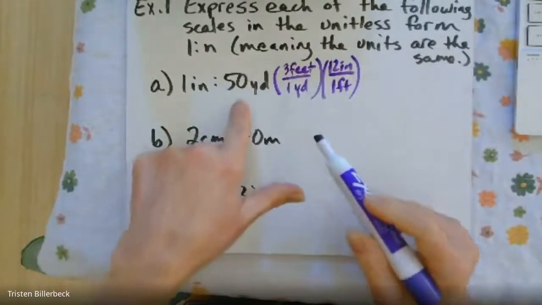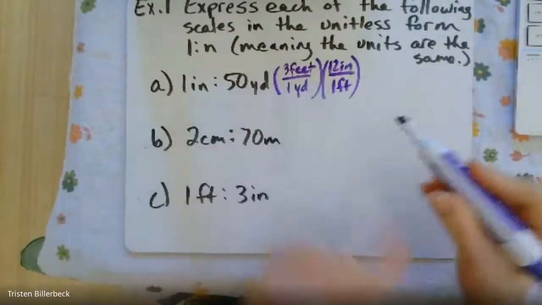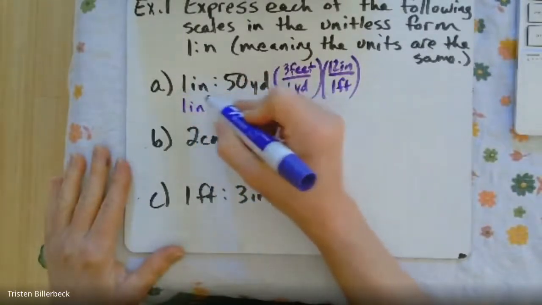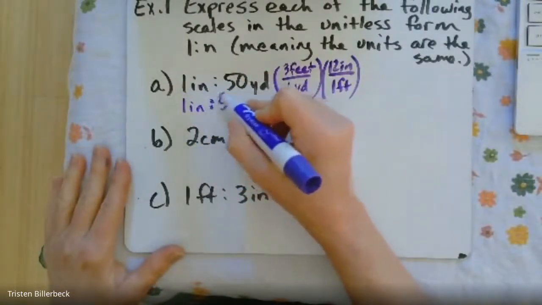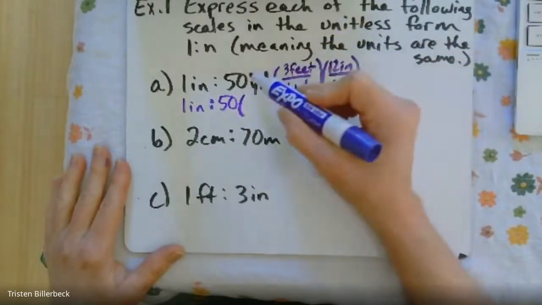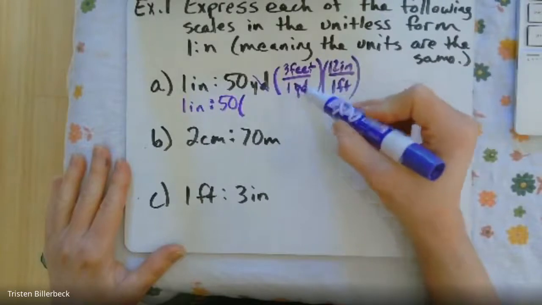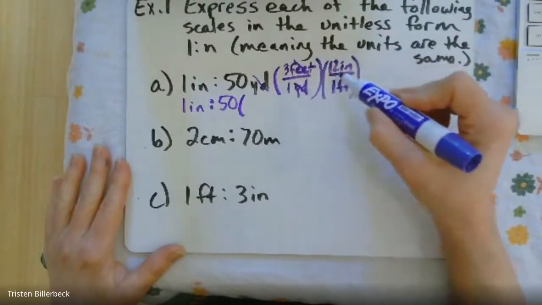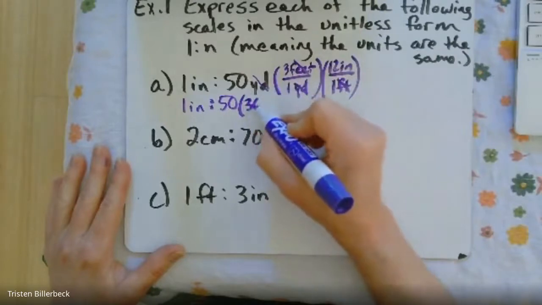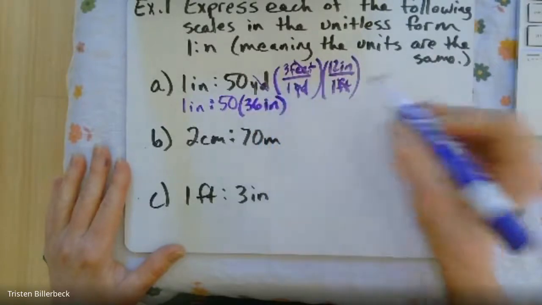So we are going to be multiplying 50. So this gives us 1 inch to 50. We notice that yards cancels, feet cancels. So we're going to have 50 times 36 inches.